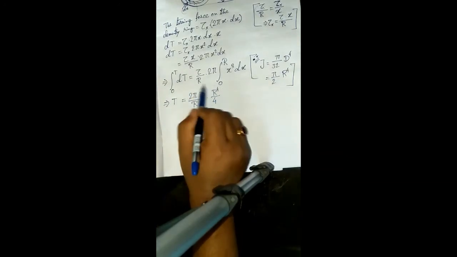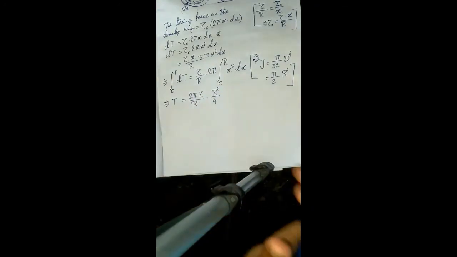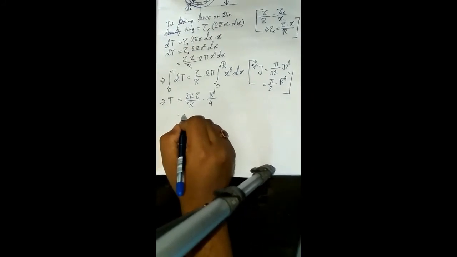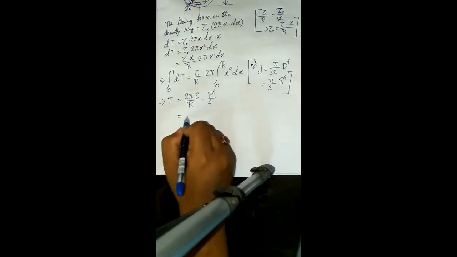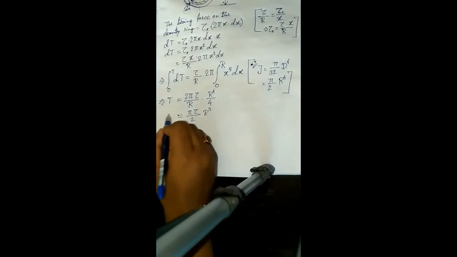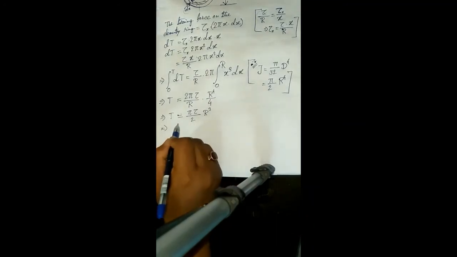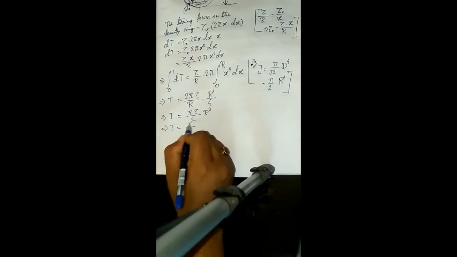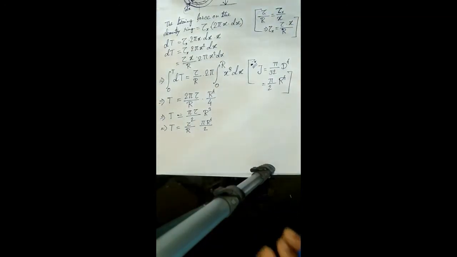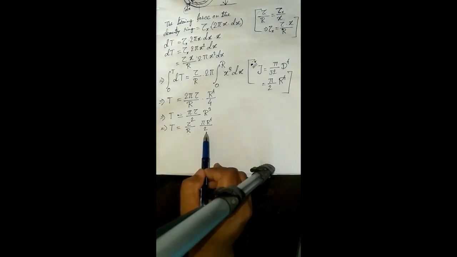So rearranging this equation, we can write T equals tau by R into pi R to the power 4 by 2.